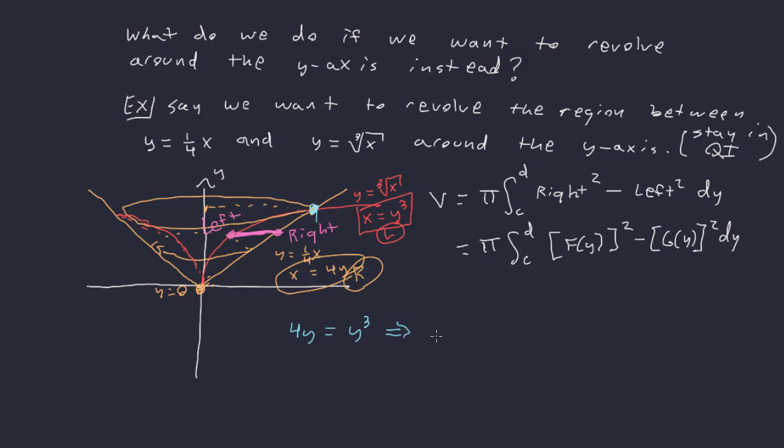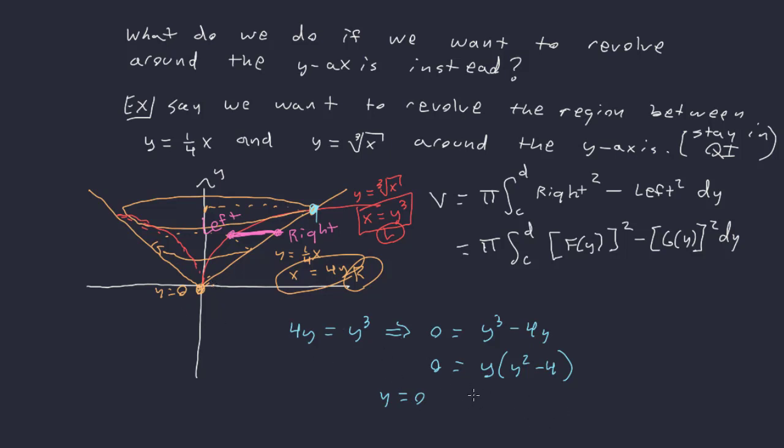If we move this over, we get 0 is equal to y cubed minus 4y. Factor out a y. So y equals 0 is one solution. Well, of course, we already know that.